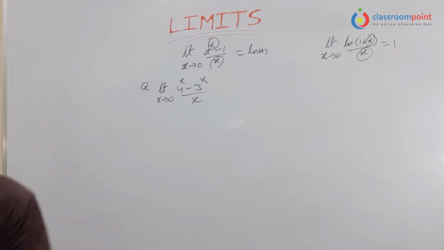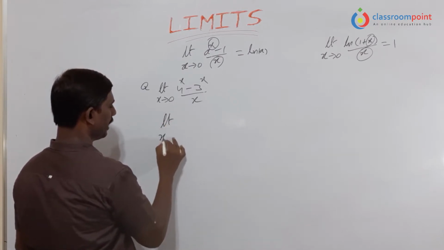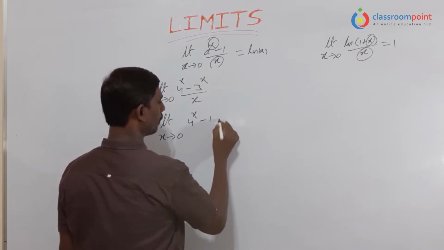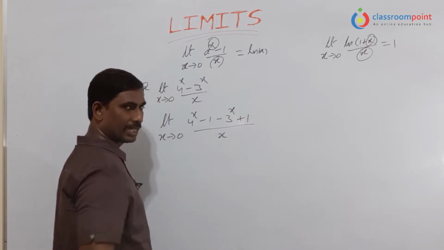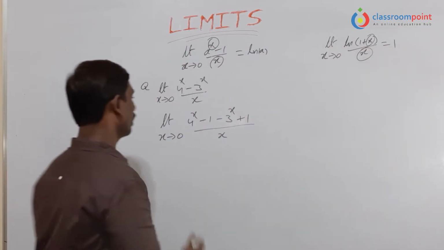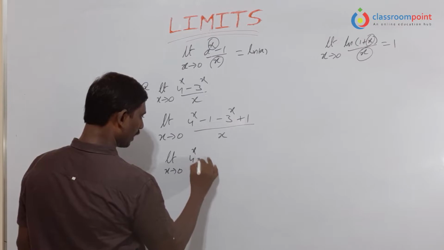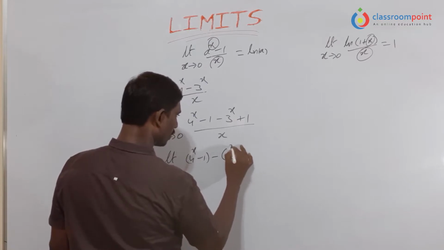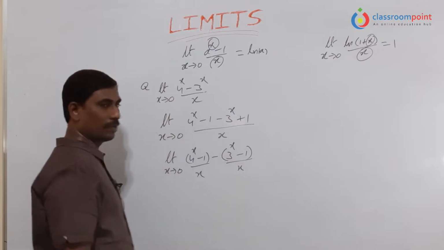How to convert that? See, I'll do one thing. Limit x tends to 0, 4^x − 1 − 3^x + 1, whole divided by x. What I have done is just adding and subtracting 1. Just that much only. Then what is going on here? Limit x tends to 0, (4^x − 1), from these two take minus outside, (3^x − 1), then we will take the denominator, split the denominator value by x.